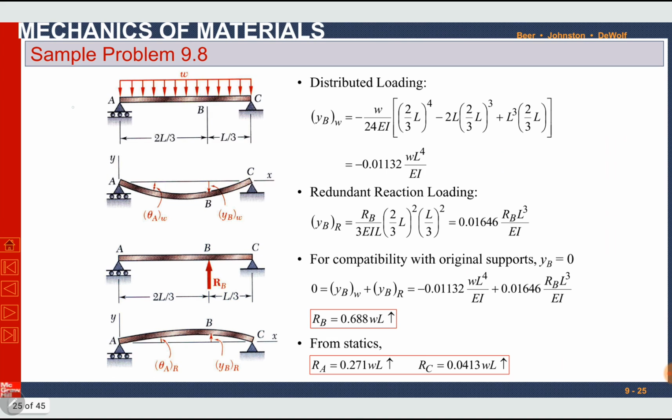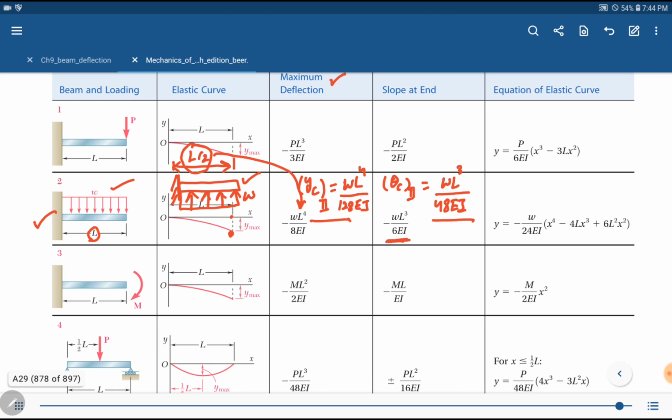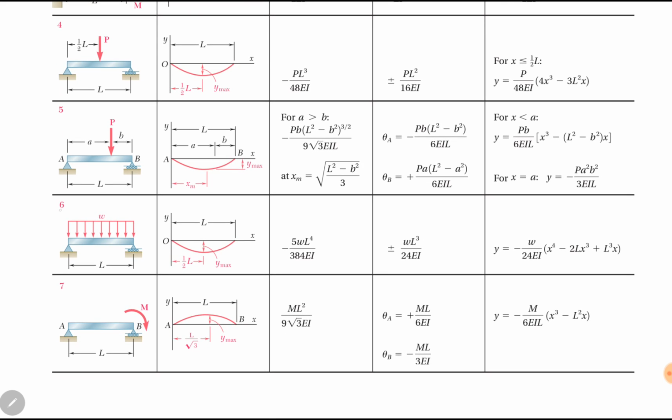This is our case 1. It is a simply supported beam under uniformly distributed load W. I will go to point B and we have to find Y. I will go to the table. In here it is case number 6, where a simply supported beam is under uniformly distributed load.